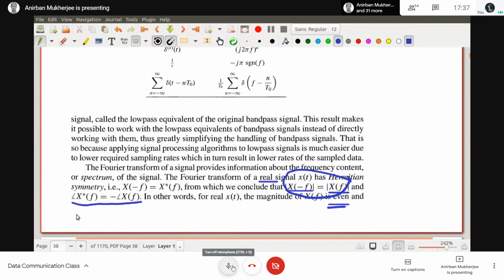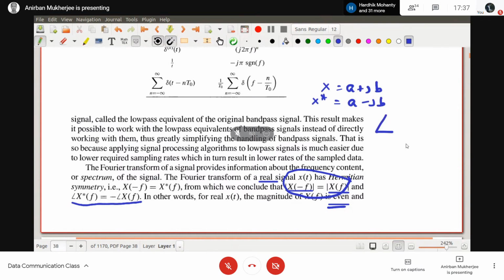Because if X(f) is a plus jb, X star is a minus jb, so the angle will be negative. That means the angle of X star is minus the angle of X. Is it okay? Yes, sir.